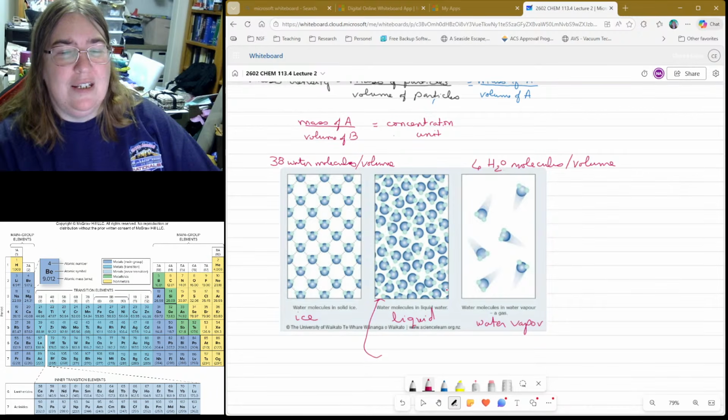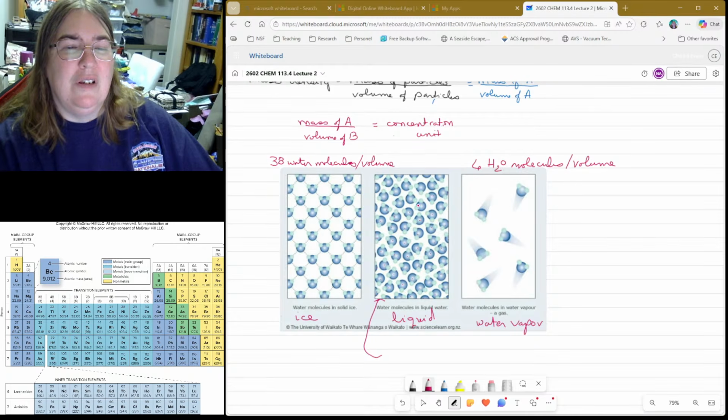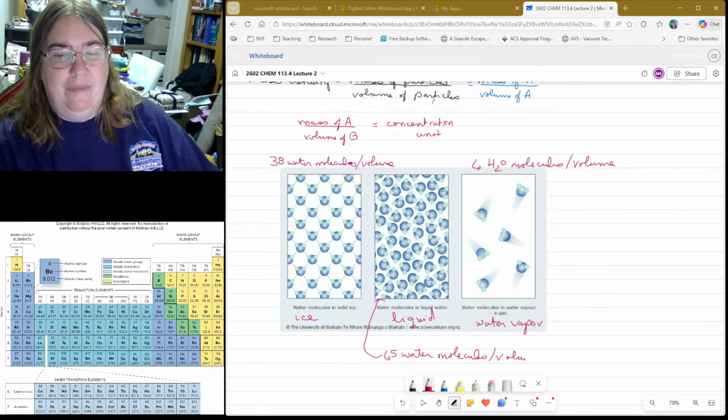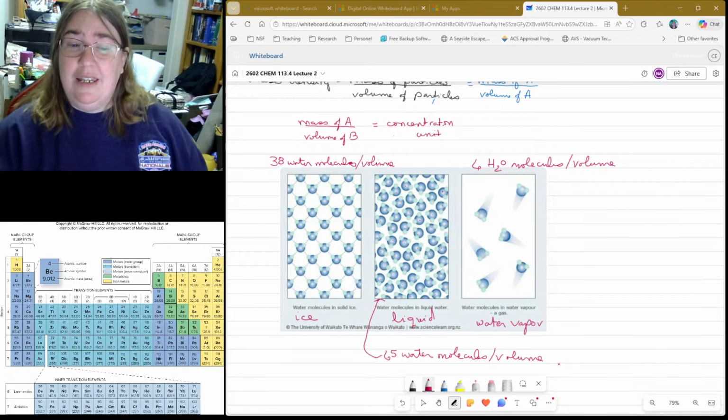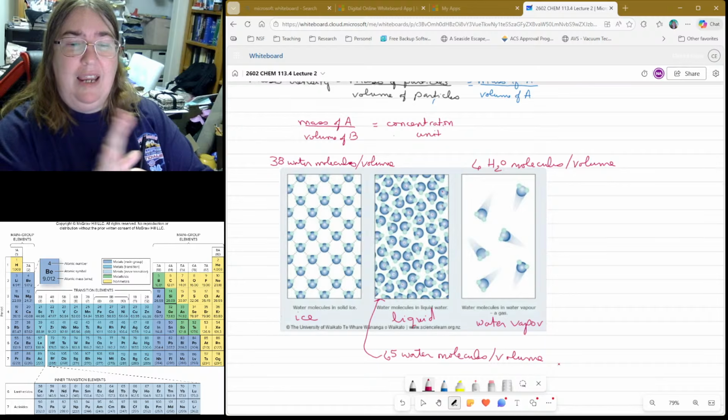I have 65 water molecules per volume. So the density is different for ice, liquid, and vapor.